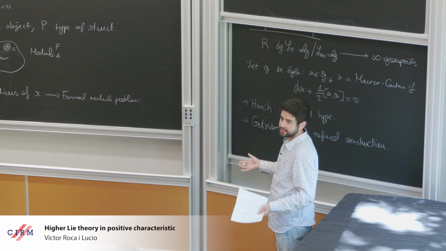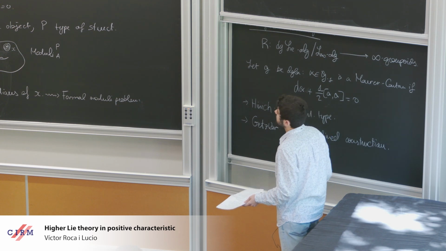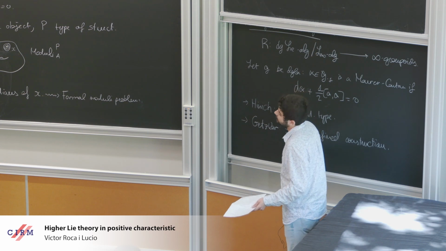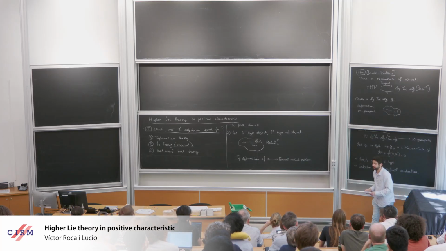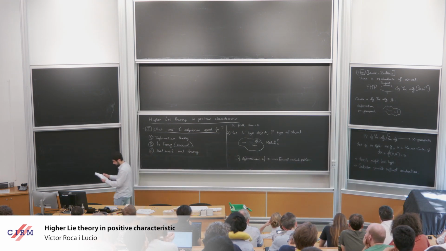These two spaces have the same homotopy type, but algebraically they don't behave in the same way. Using this Getzler functor, what I want is to connect this deformation story to classical Lie theory.